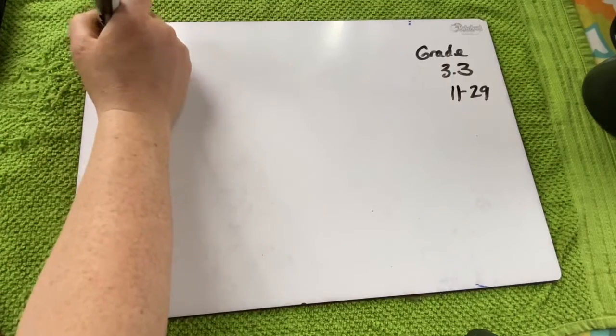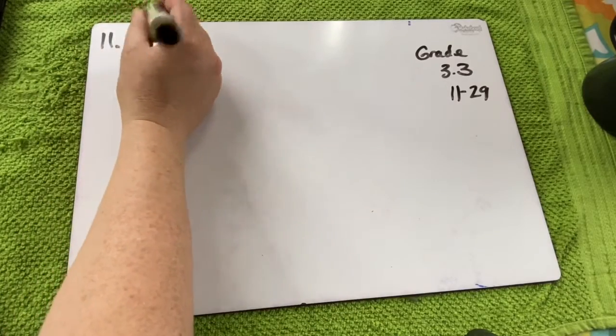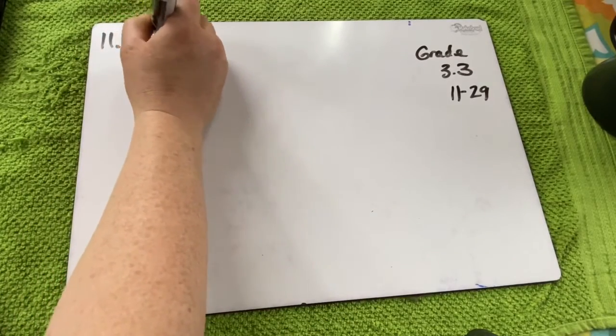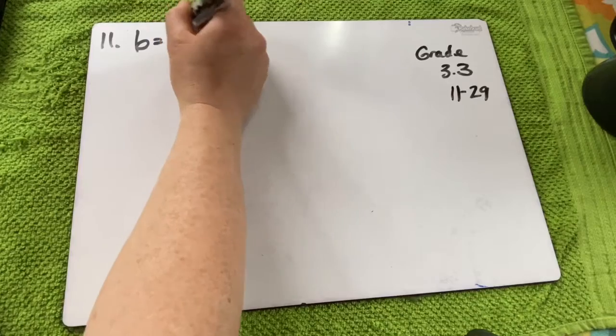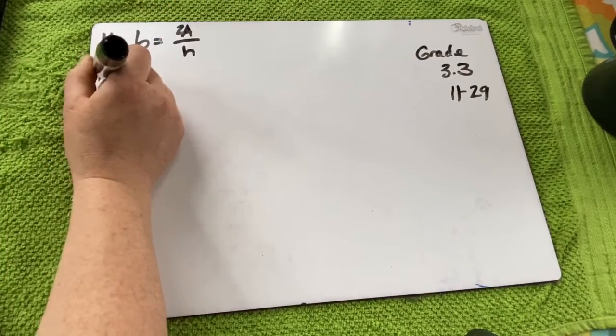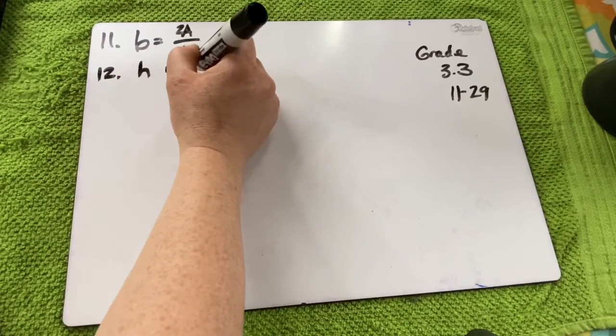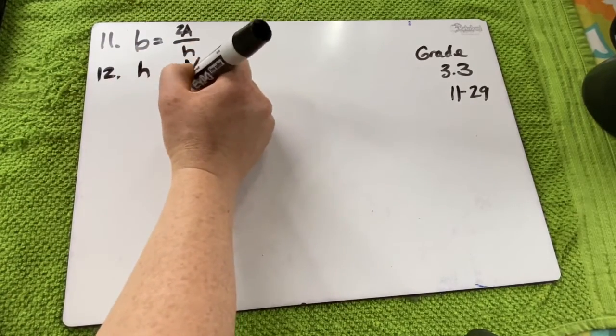Number 11 is B equals 2A divided by H. Number 12, H equals V over LW.